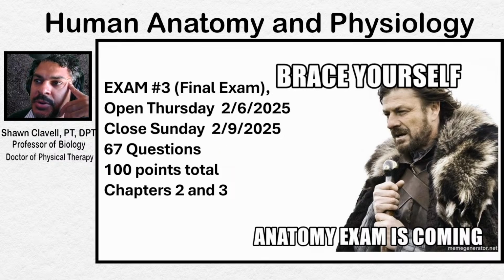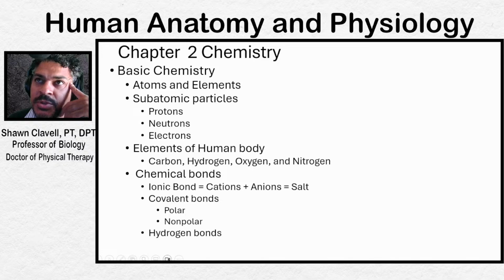With some of this material, right? Chapter 2, we've talked quite a bit about in the last week. That includes basic chemistry, everything from atoms, elements, and subatomic particles: what's a proton, what's a neutron, what's an electron, what's an isotope.